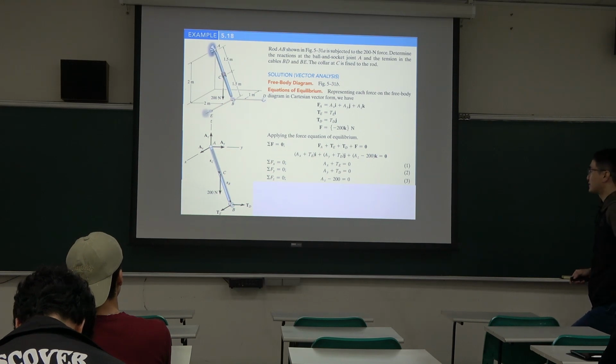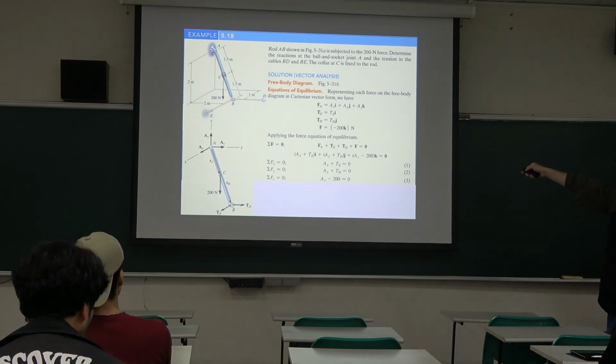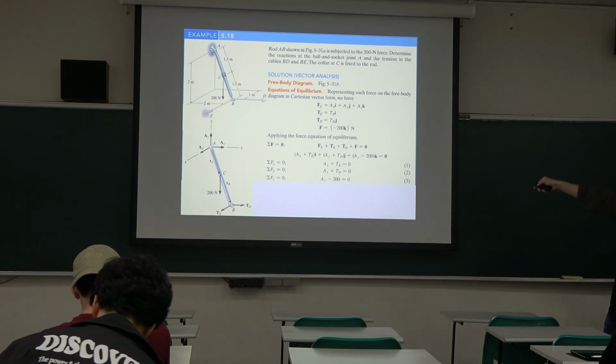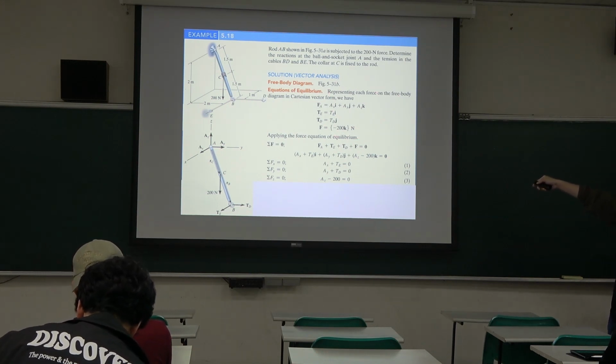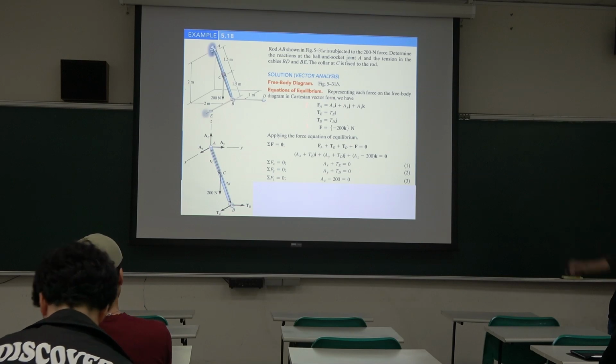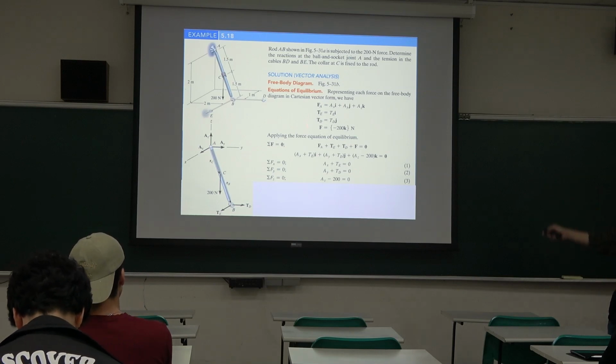Now we use that information to represent all of it. Because it achieves the equilibrium condition, adding them together, they should equal 0.